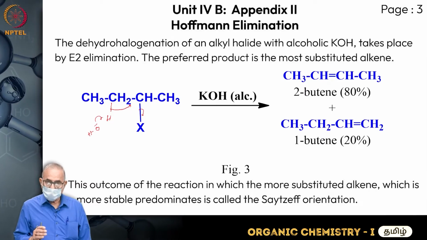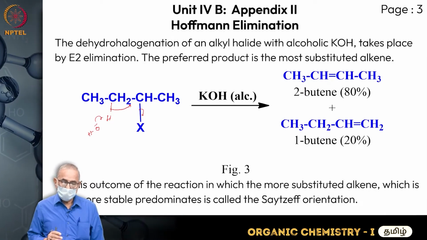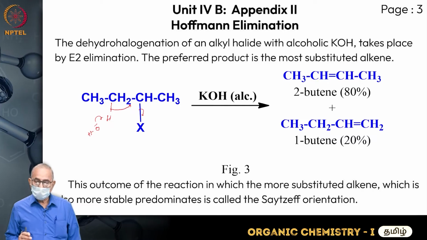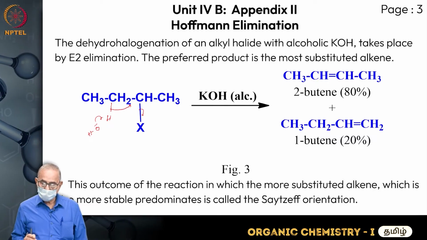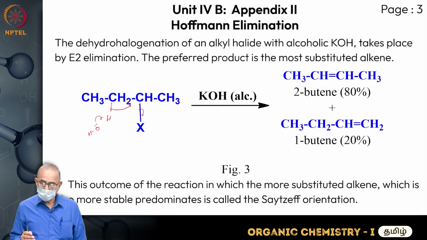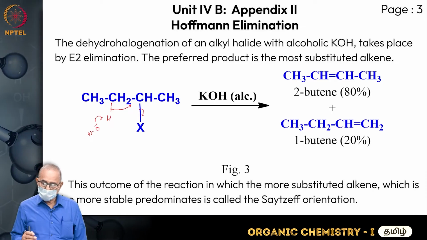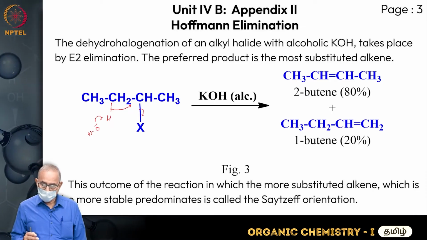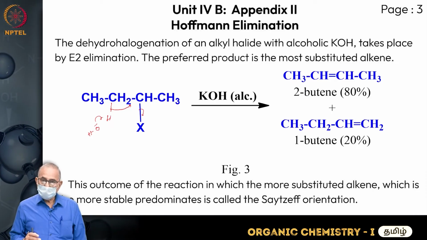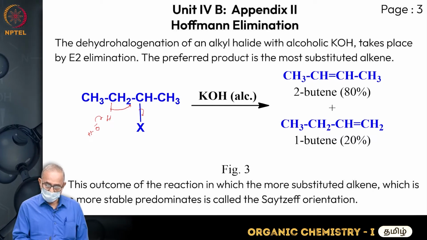And this type of dehydrohalogenation, where the more substituted alkene is formed in very large amount, 80%, versus the less substituted alkene formed to the extent of 20%, is called Zaitsev orientation.